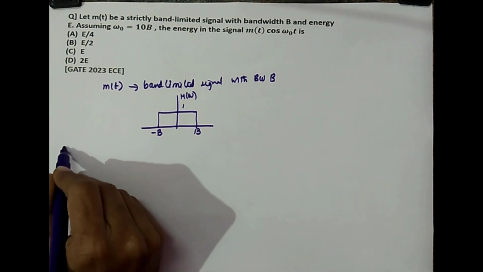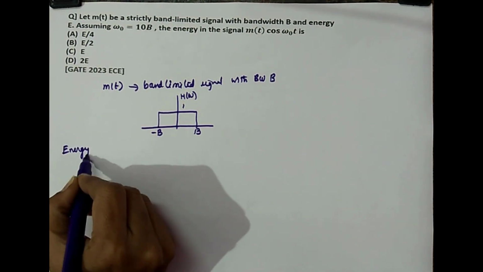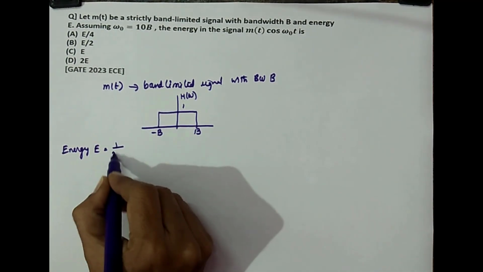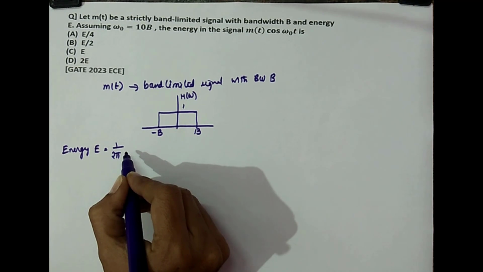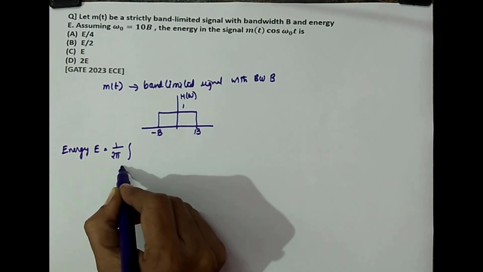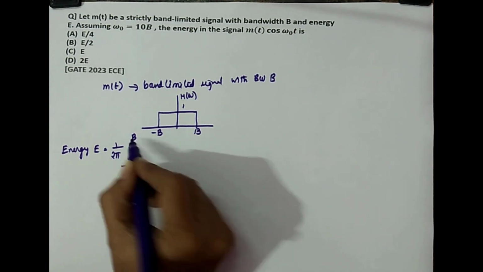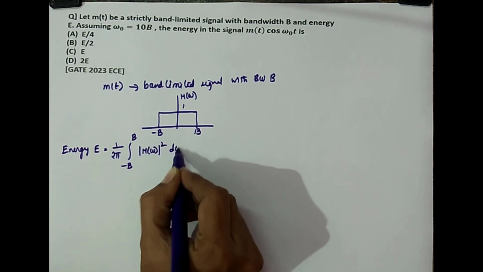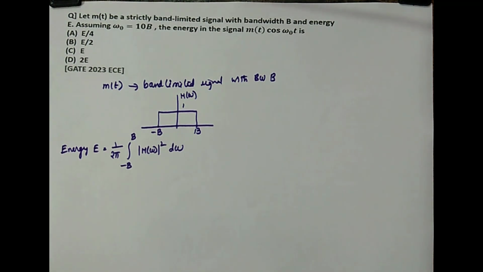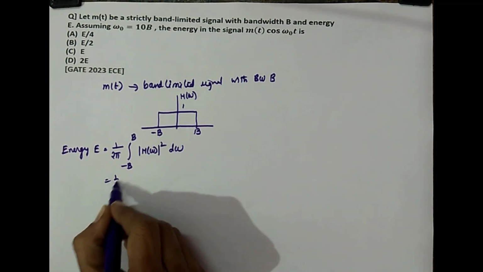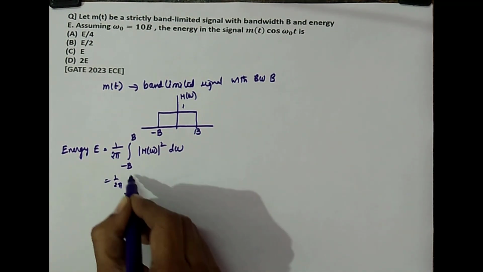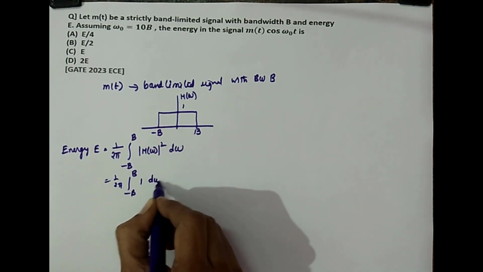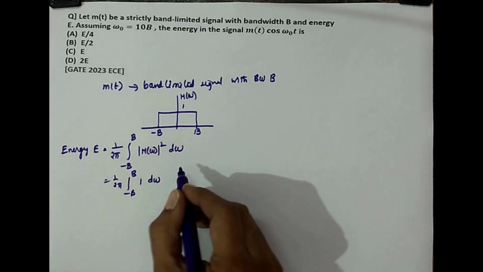Then the energy E in the band limited signal m of t is 1 by 2 pi, and the limits minus B to B, mod M of omega whole square d omega. Okay. So 1 by 2 pi integral minus B to B. What is mod M of omega whole square? 1 d omega, because the amplitude is 1.